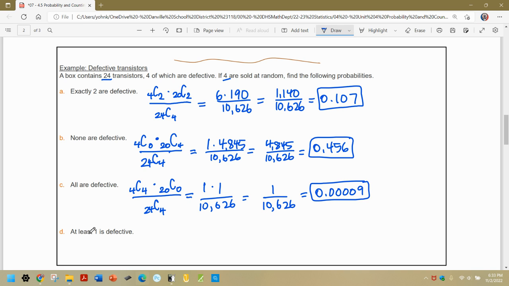Okay, probability that at least one is defective. We love these. Remember what we do with at least: the probability of at least one defective is equal to 1 minus the probability of no defectives.